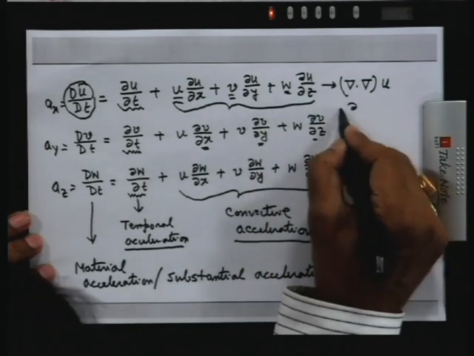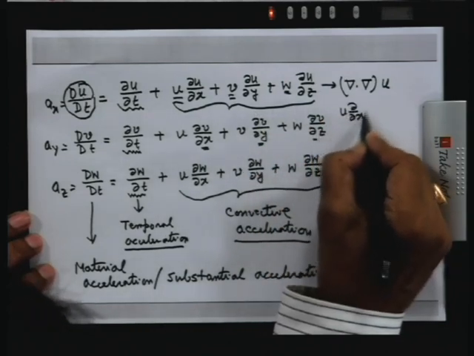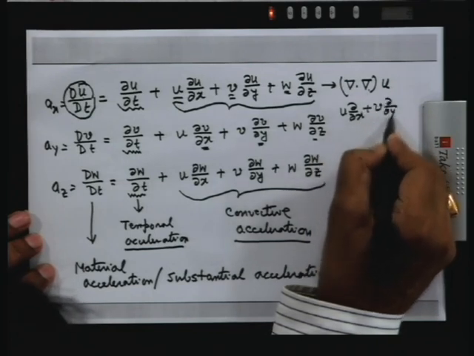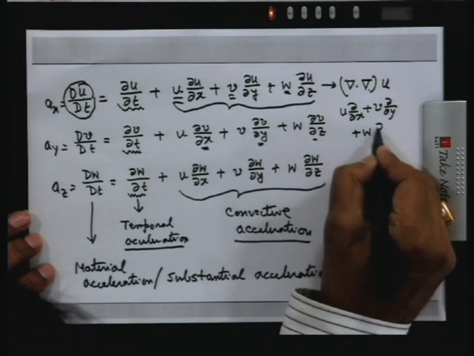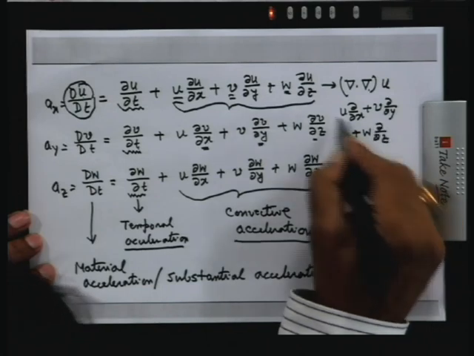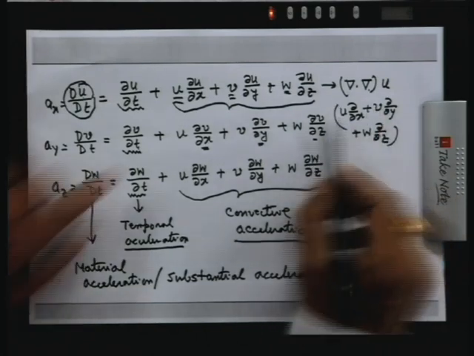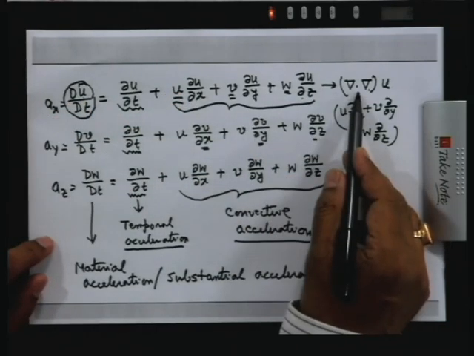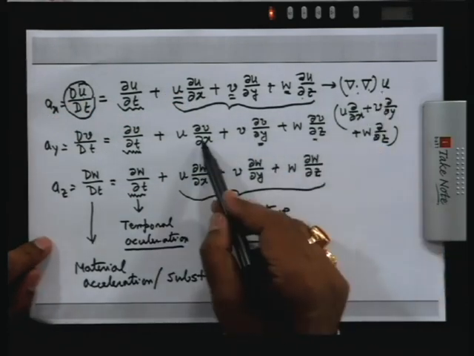This is u ∂/∂x plus v ∂/∂y plus w ∂/∂z, and this, operated on u, gives u ∂u/∂x plus v ∂u/∂y plus w ∂u/∂z. Similarly, this operator, when we operate with v, will give this.